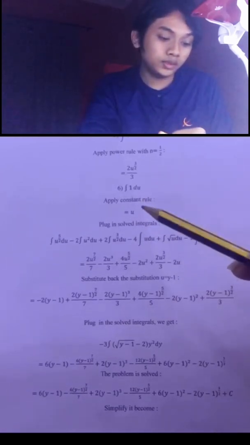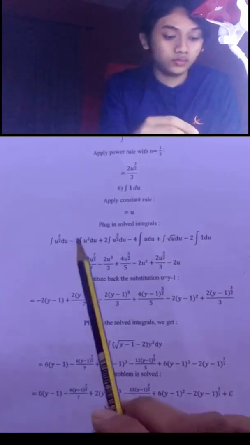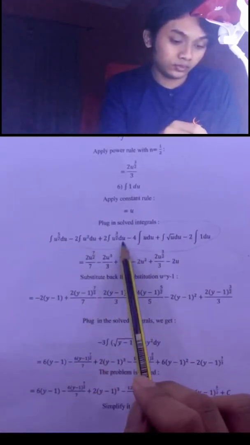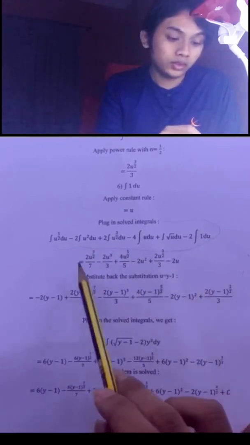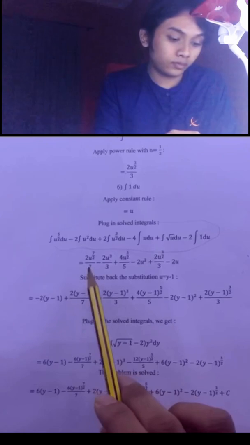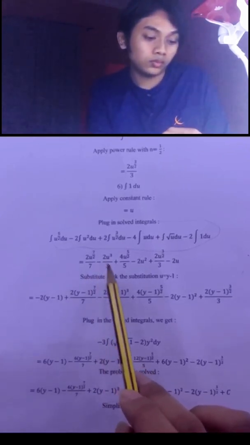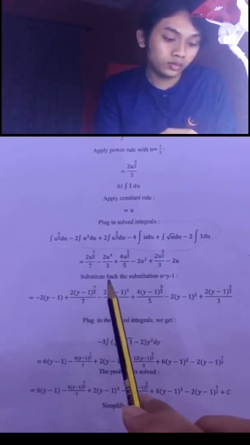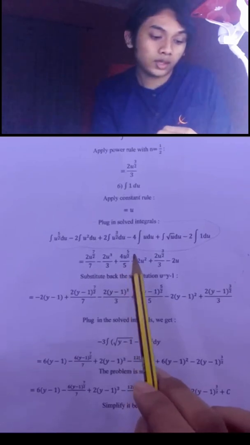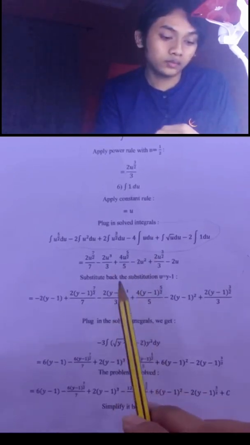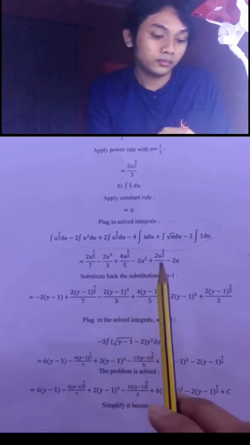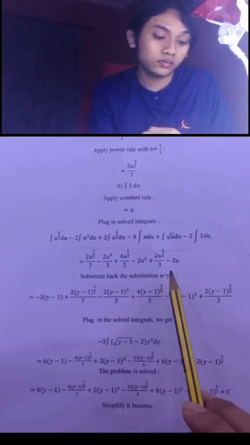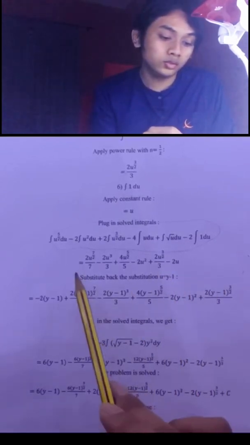So we plug in the integrals and it will become this one. And from this one we integrate one by one and we get 2u power of 7 over 2 over 7 minus 2u cube over 3 plus 4u power of 5 over 2 over 5 minus 2u square plus 2u power of 3 over 2 over 3 minus 2u.